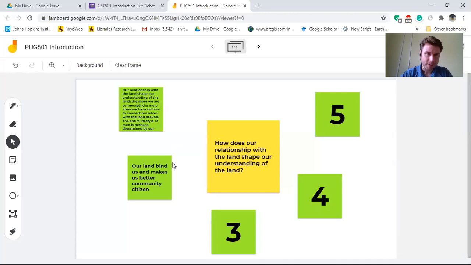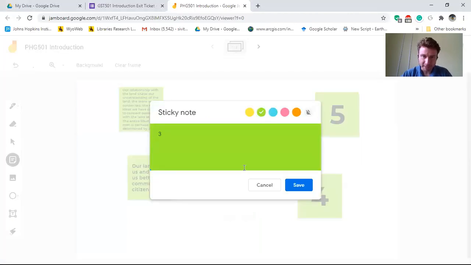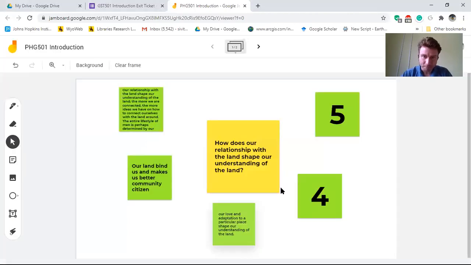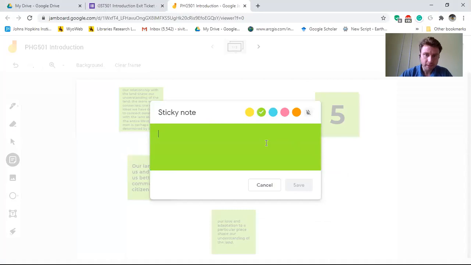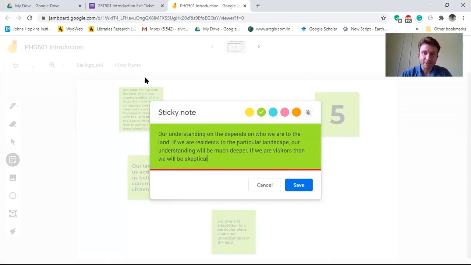I think everybody can see my screen right now, so let's start checking these out. Our love and adaptation to a particular place shape our understanding of the land. Wow, phenomenal. Let's add this one. Our understanding depends on who we are to the land. If we are residents of a particular landscape, our understanding will be much deeper.